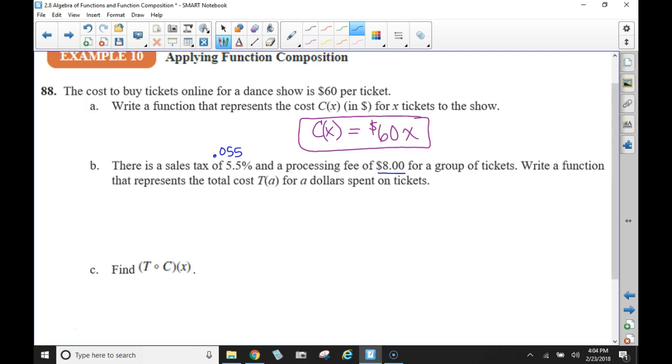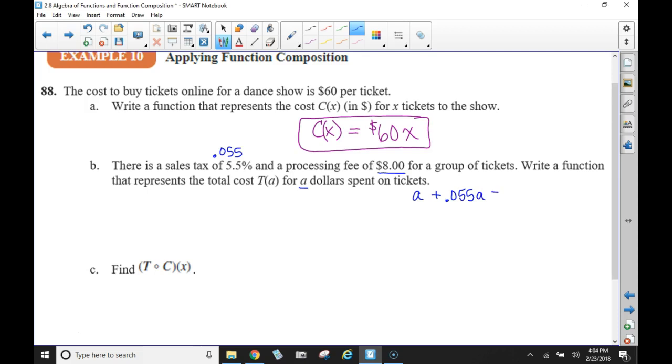Let's first of all say, if we know that we're going to spend A dollars on tickets, well, they're going to charge you the ticket amount, A dollars, and then they are going to charge 5.5%, so 0.055, times the total dollars spent.